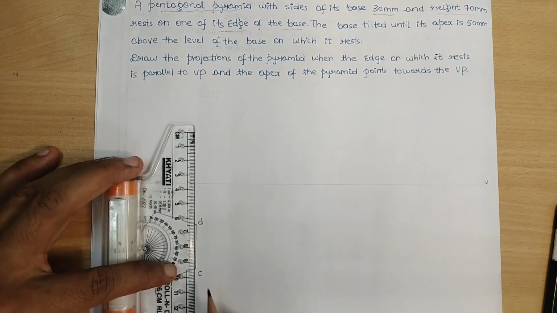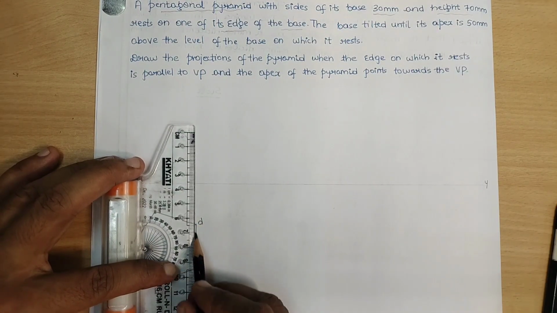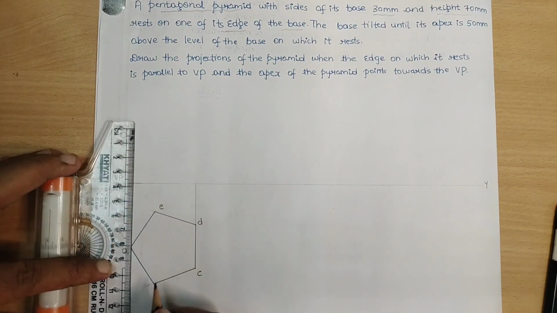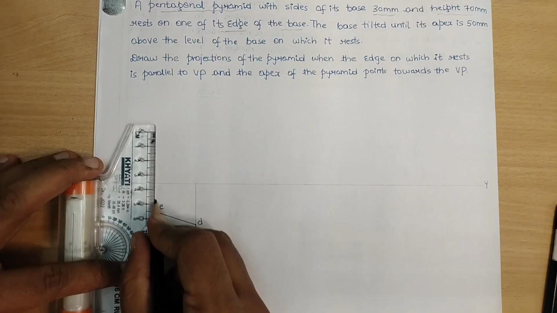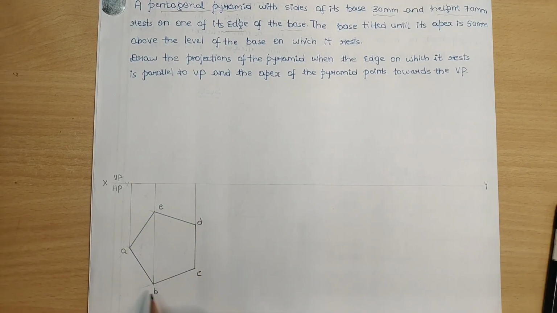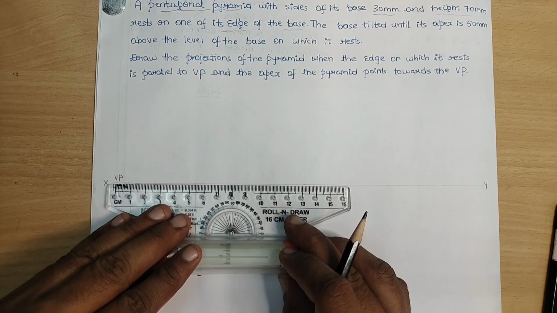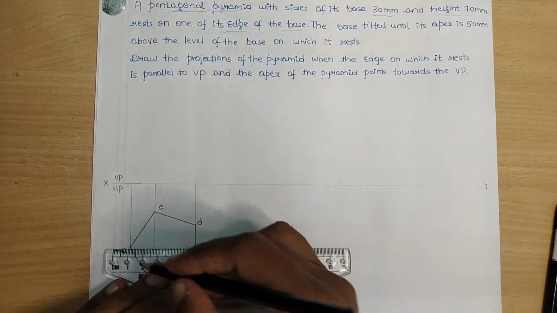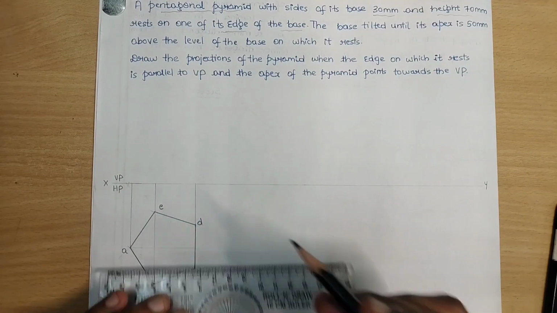Let us go for the projection. Projection from the point C through the point D, projection from the point A here, projection from point B through the point E. We want the midpoint of the pentagon. If you are using software, the midpoint is readily available, but manually we are supposed to obtain it. How do we obtain the midpoint? Just draw a perpendicular line from each corner. That means from A, draw a line till it touches the opposite edge.